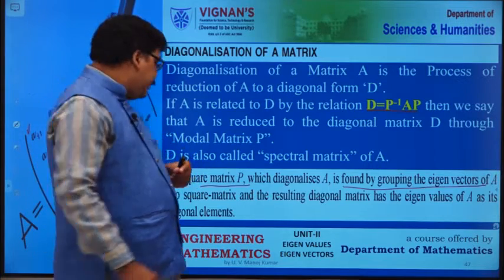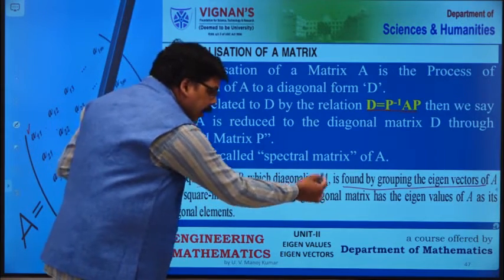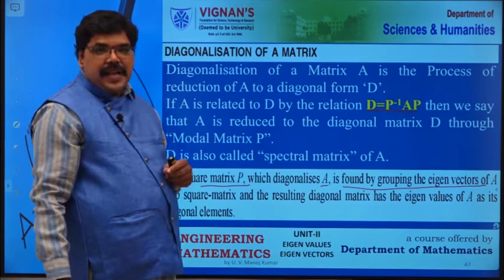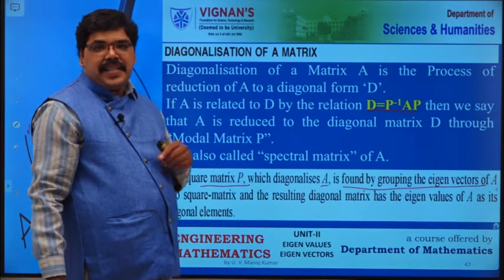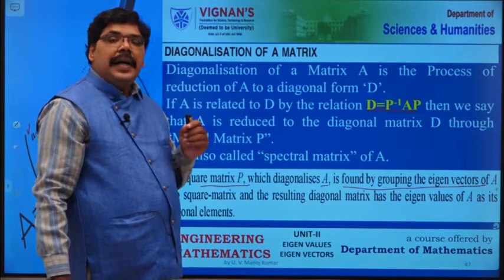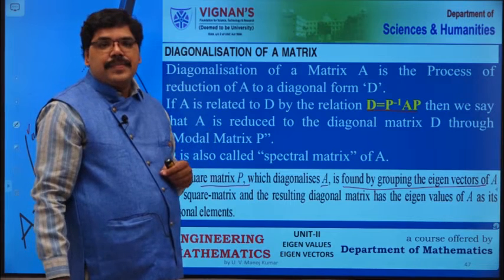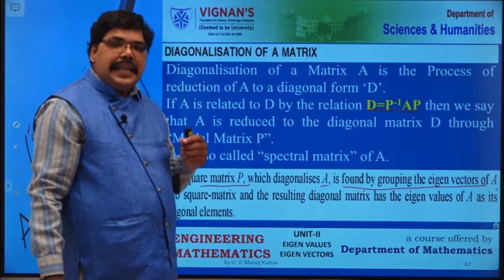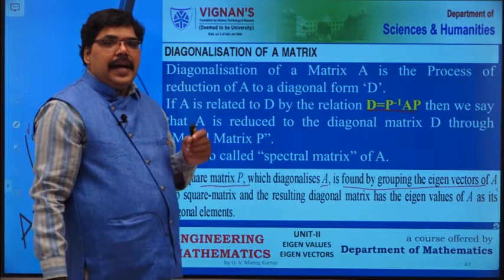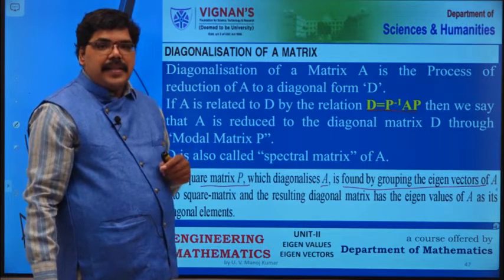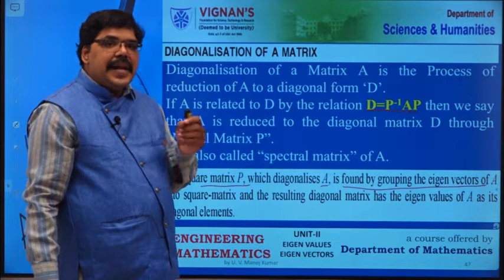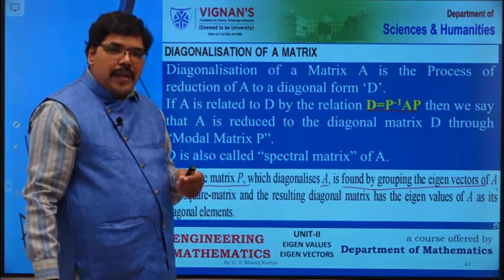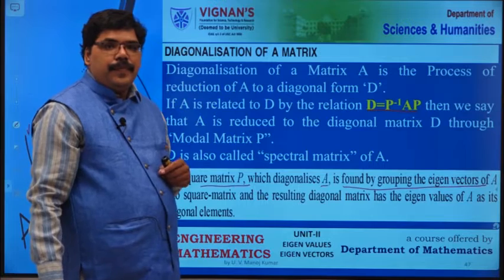Suppose A is a 3 by 3 matrix. When A is a 3 by 3 matrix, A will have 3 eigenvalues, correspondingly 3 eigenvectors. The 3 eigenvectors of A are written as columns of a matrix, then the resultant matrix is said to be the model matrix capital P. Okay?